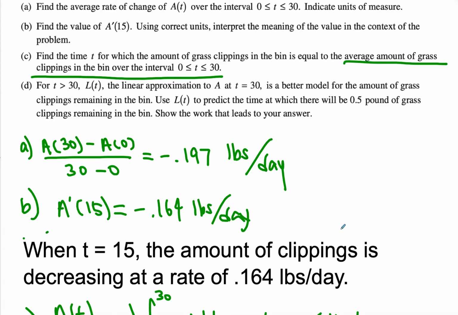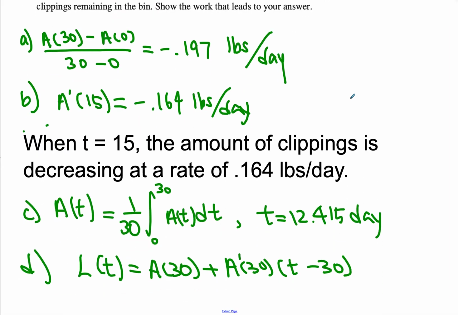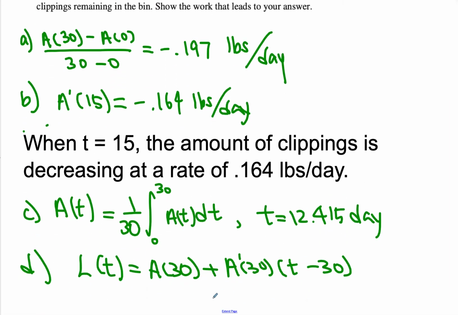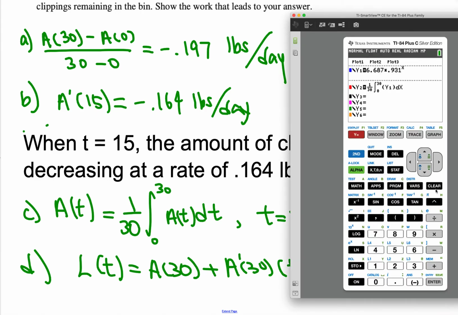Now, we want to see what the value would be when this has to be equal to 0.5. So I'm going to put this one in y sub 2. I'm going to rewrite it because I don't need that anymore, or maybe I can just hold on to it and unhighlight it. Y sub 3 is the linear approximation.